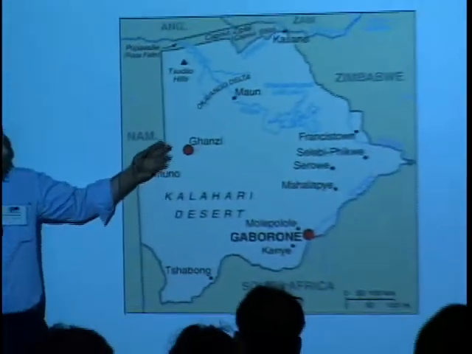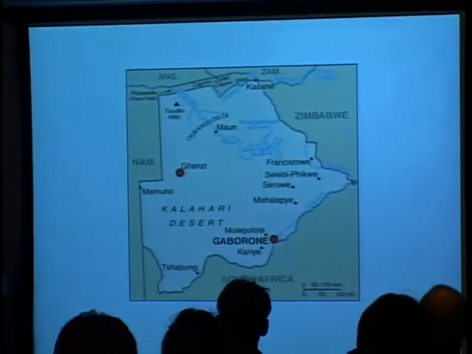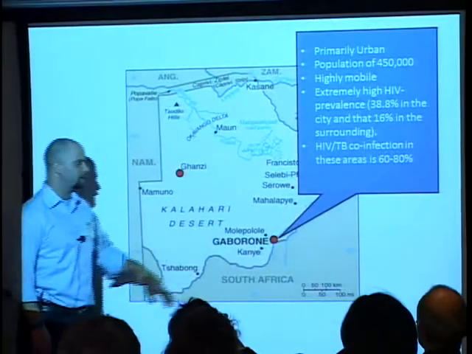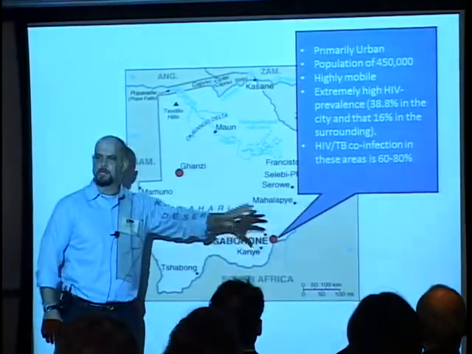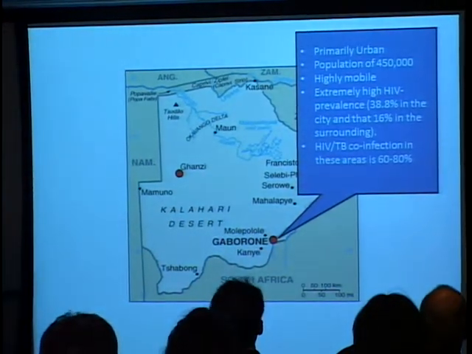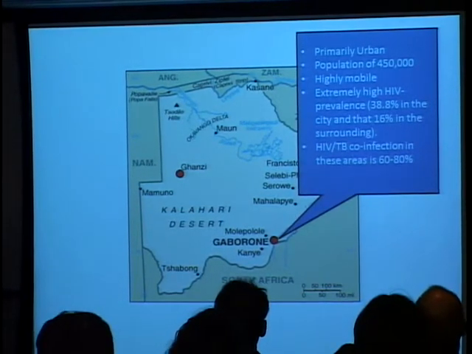Looking at all of Botswana, we identified two different patterns in terms of the epidemic. Gaborone, which is the capital, is primarily urban, and the population tends to be aggregated and highly mobile within the area.